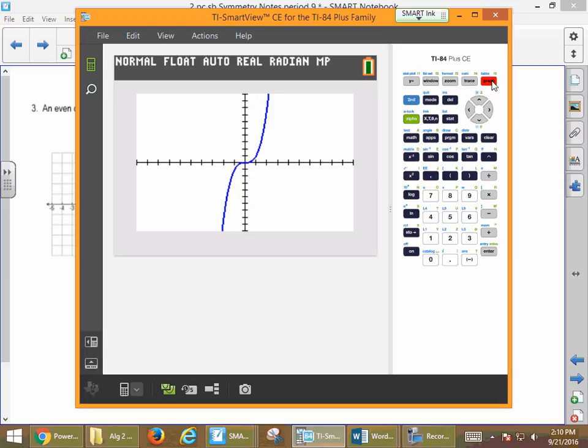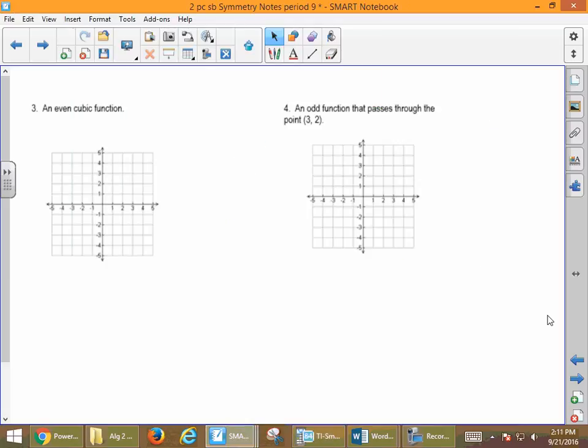So can we ever make a function that's symmetric with respect to the origin and also even, symmetric with respect to the y-axis? I don't think so. We can't on this one. This one is does not exist.